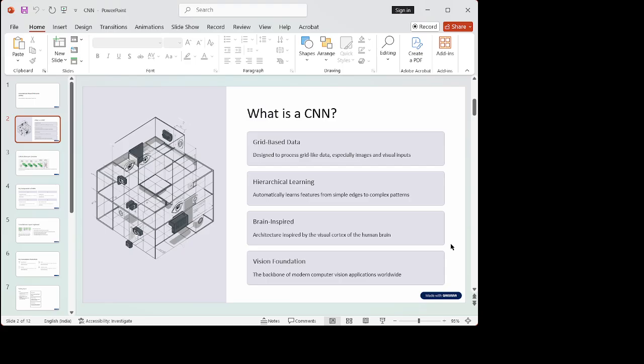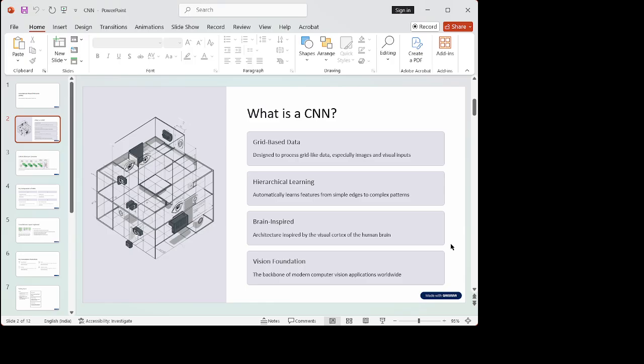Top to down, it goes from pixels to edges, textures, shapes, object parts, and finally a complete object. Lower layers might detect edges, while deeper layers combine those edges to recognize shapes, and finally the object.